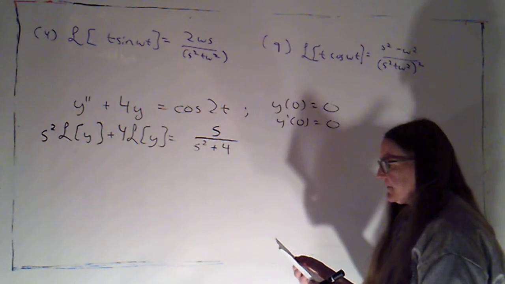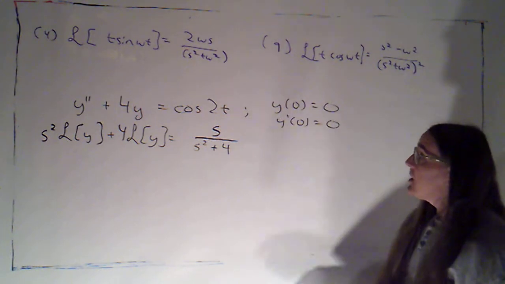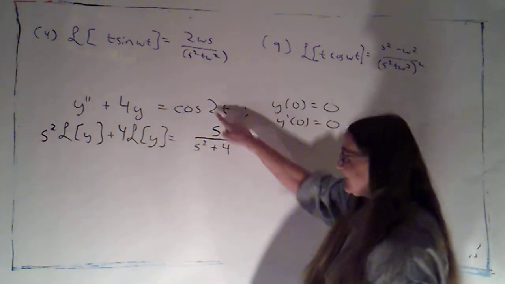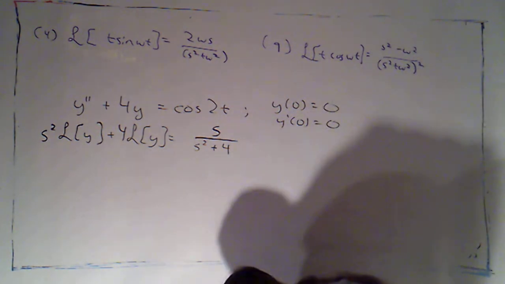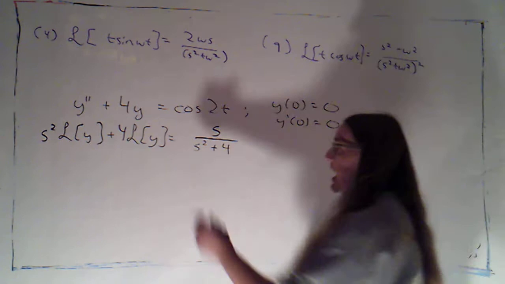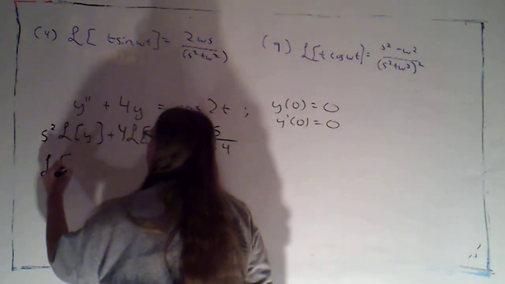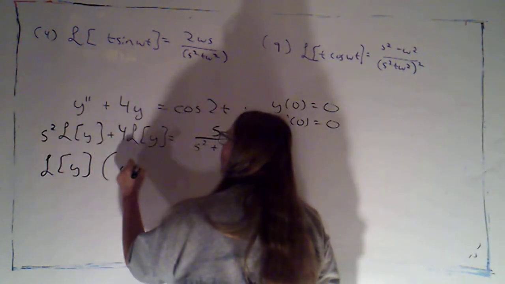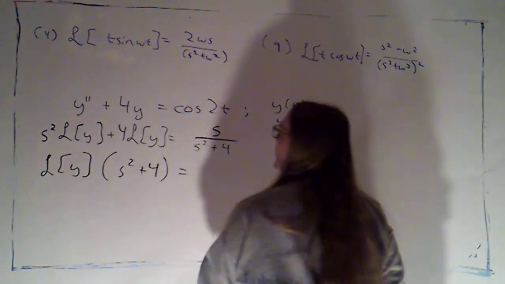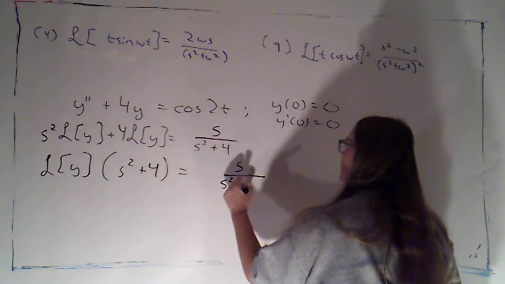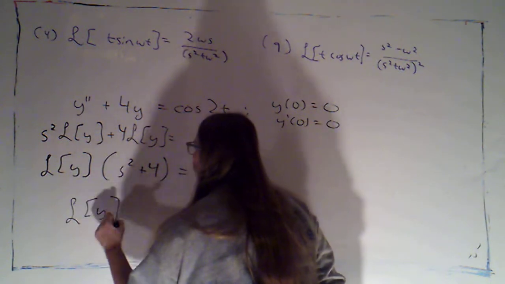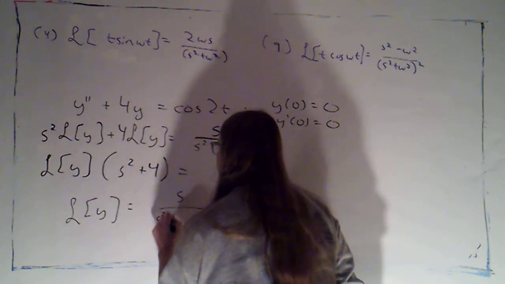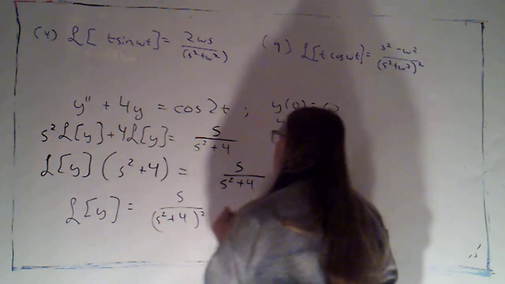That is formula 7, where 2 is my omega, and so this is just a 2 squared here on the bottom. Okay, so I can factor out the Laplace transform of y, and it's being multiplied by s squared plus 4, and that's equal to s over s squared plus 4. So the Laplace transform of y is equal to s over s squared plus 4 squared.